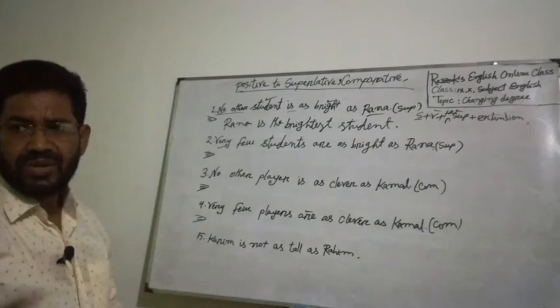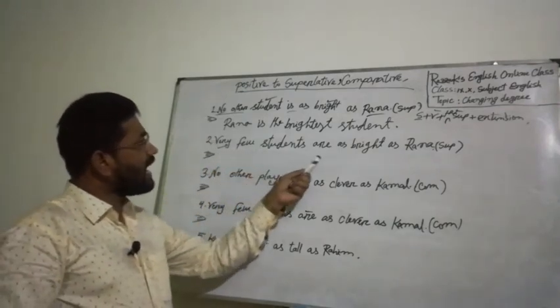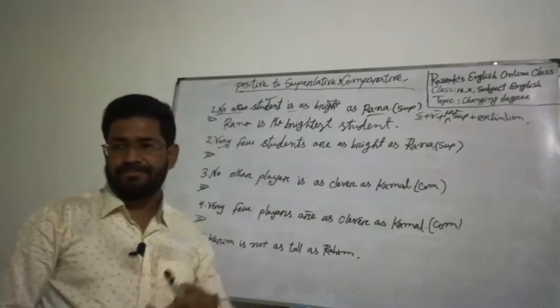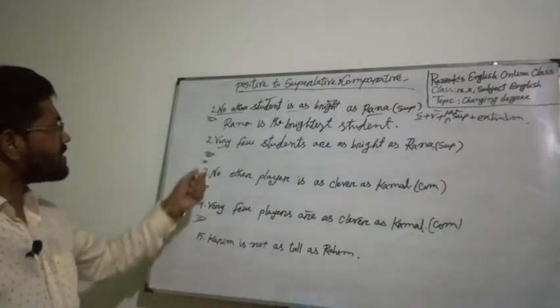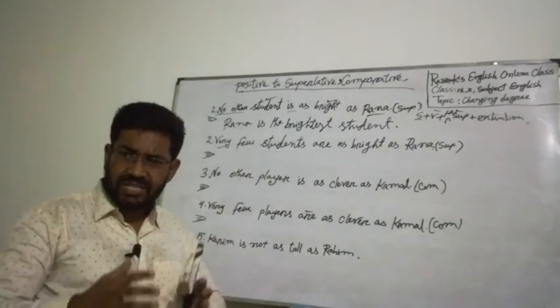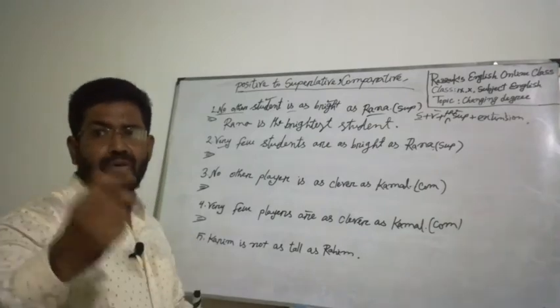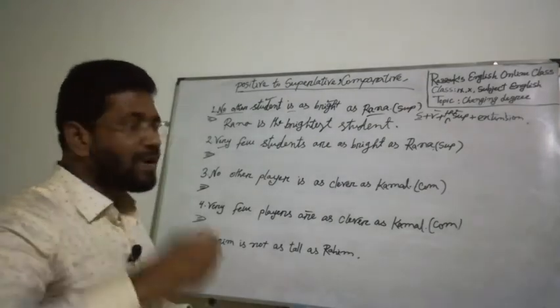Dear students, notice question number 2. Very few students are as bright as Rana. The sentence starts with very few. If the positive degree starts with very few, you have to follow this structure to make it superlative degree.